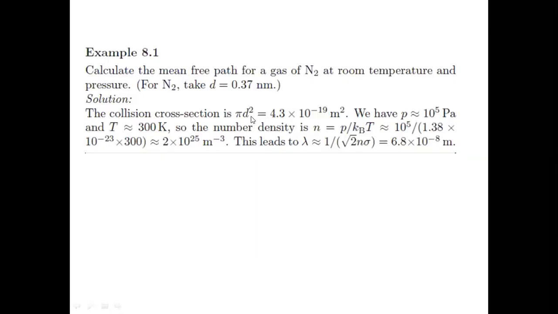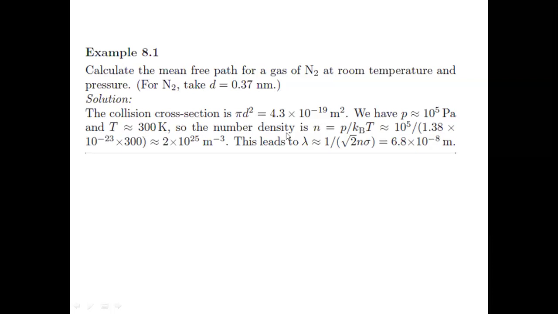We have an example from the book. Calculate the mean free path for a gas of N2 at room temperature and pressure. For N2, take the diameter equal to 0.37 nanometer. So the solution: the cross section is pi d squared, and we have the pressure 10^5 pascal, and at room temperature, T equals 300 Kelvin.